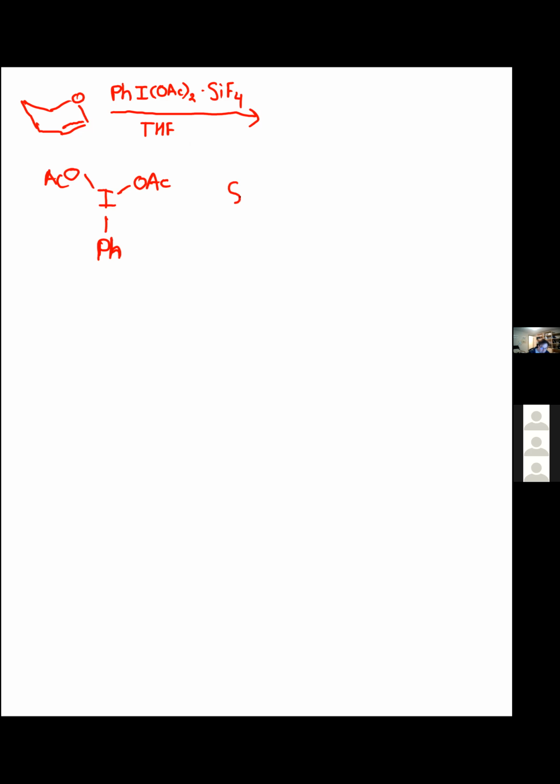And then there is some silicon tetrafluoride. So that's a bit weird. And often a bit of water.